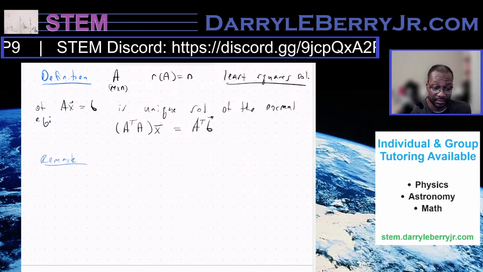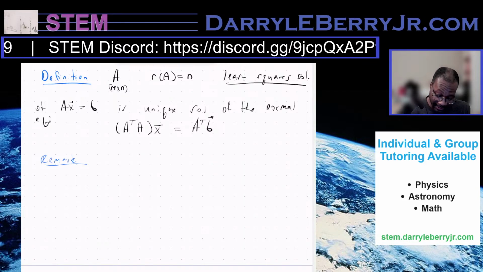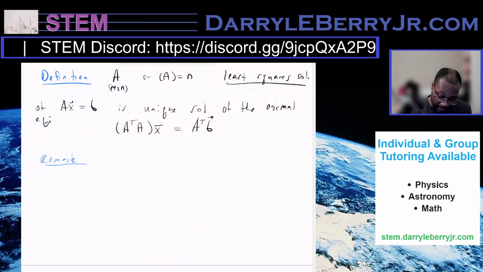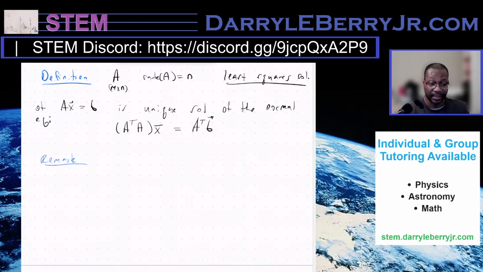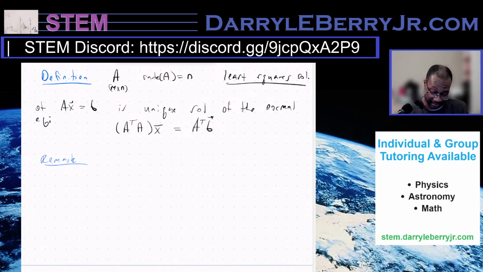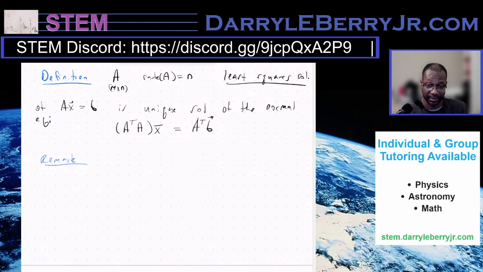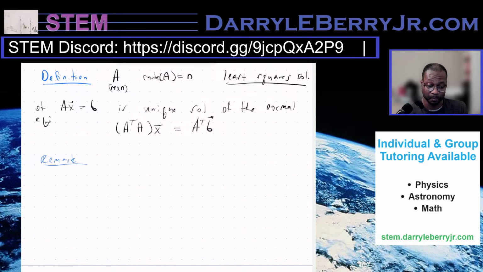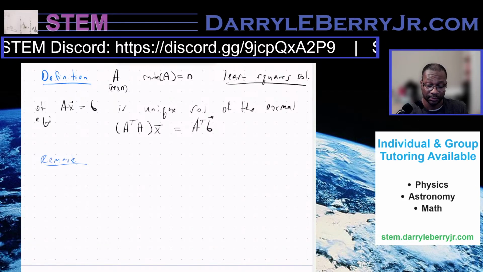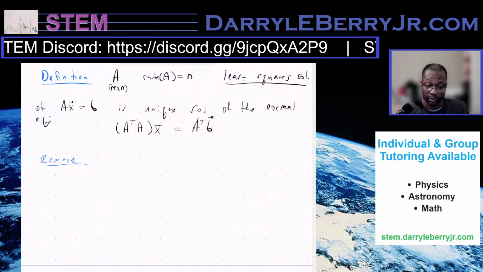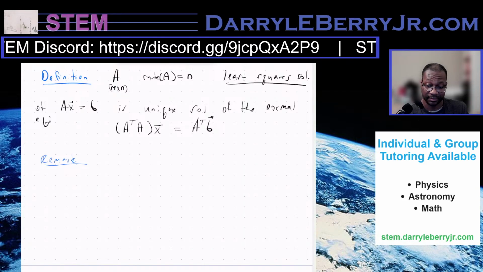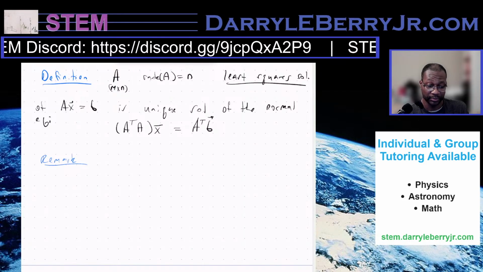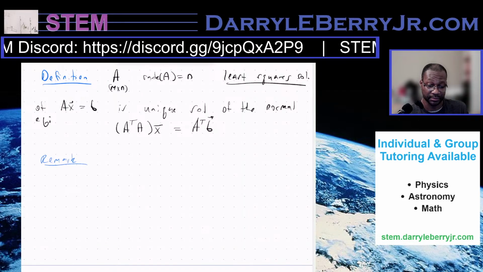When rank A is less than n, there are fewer pivots than the number of columns. The normal equations are still consistent, but have infinitely many solutions.